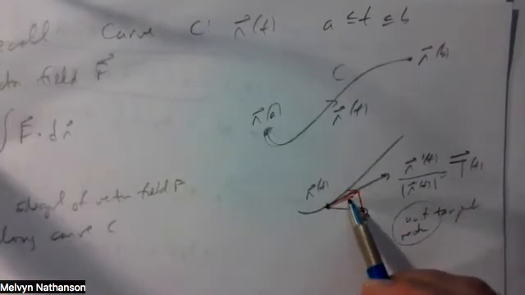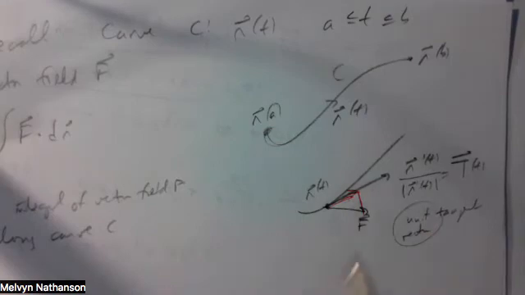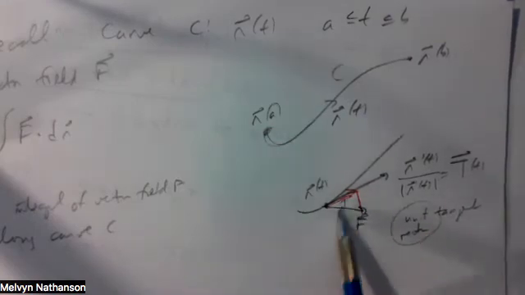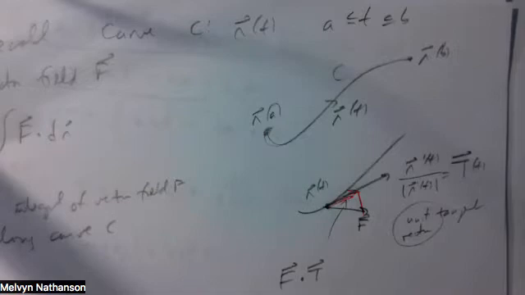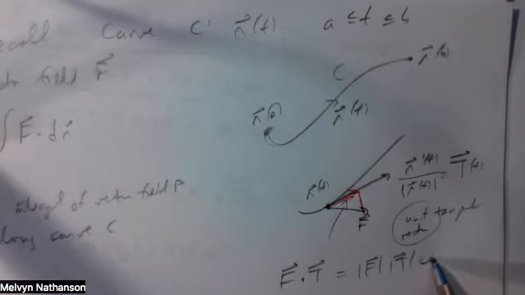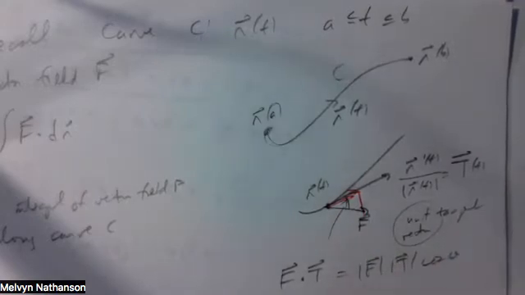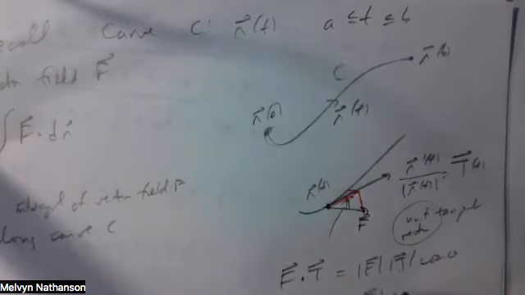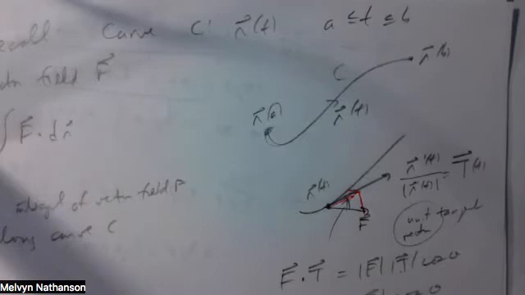So this vector in red, the component in that direction is the inner product of F dot product with the unit tangent vector, which is the length of F times the length of t times the cosine of this angle. But this is a unit vector, so it has length 1. So this is also just F cosine theta. Or it's F dot product with r prime of t over the length of r prime of t.